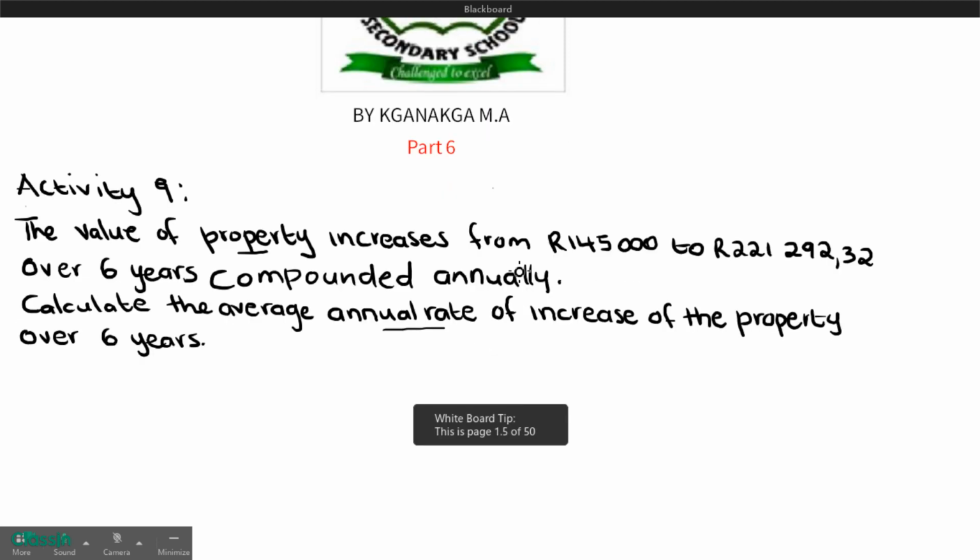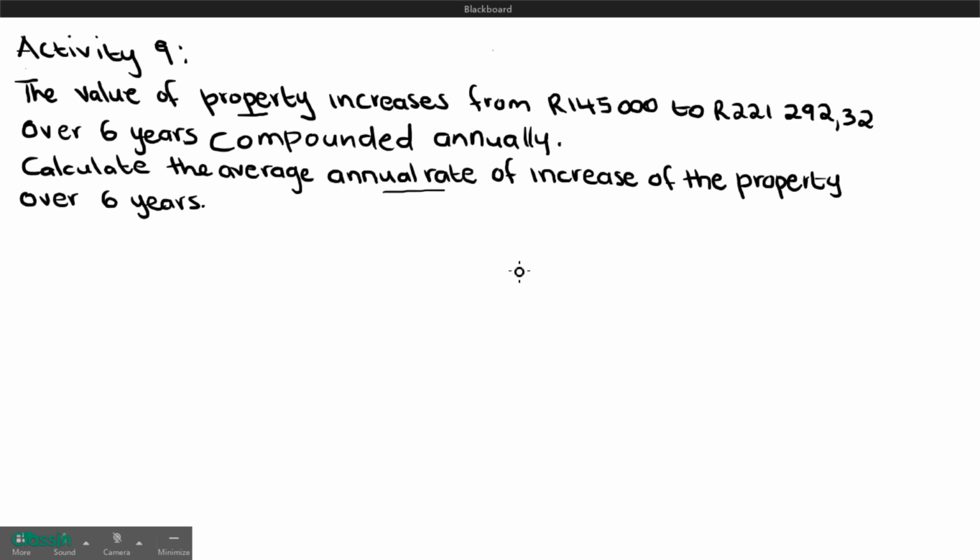Now, this one, we can see that they did not say, as compared to other activities, using the reducing balance or using a straight line method. But as long as you come across the word compounded, you are going to use compound interest.